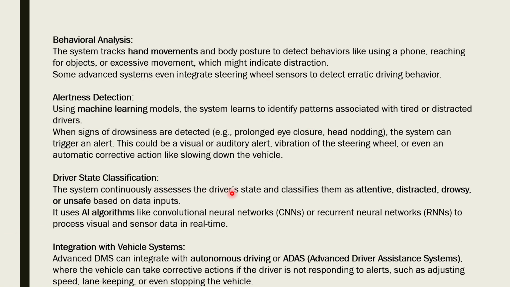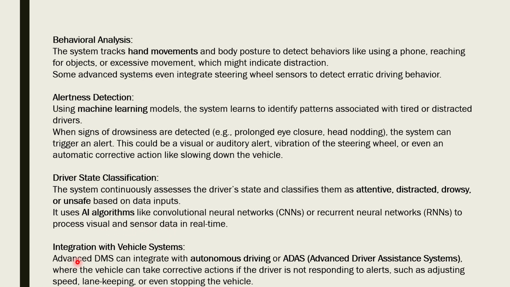Now what about driver state classification? The system continuously assesses the driver state and classifies it as attentive, distracted, drowsy, or unsafe based on the data inputs. All the information coming from the cameras is analyzed. This is fed to the AI, which has convolutional neural networks or RNNs, and it processes this visual and sensory data in real time.